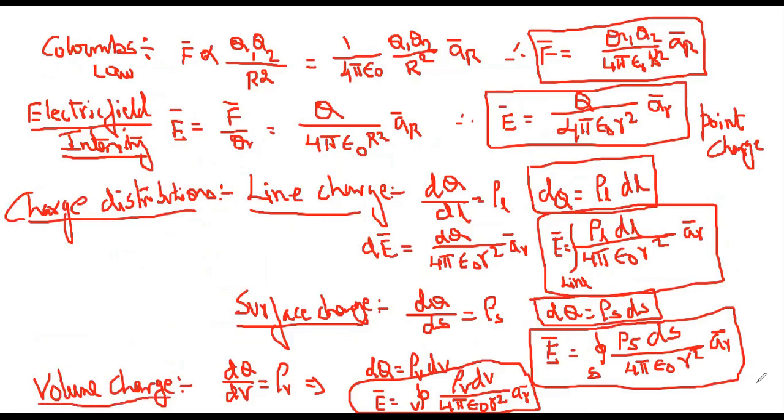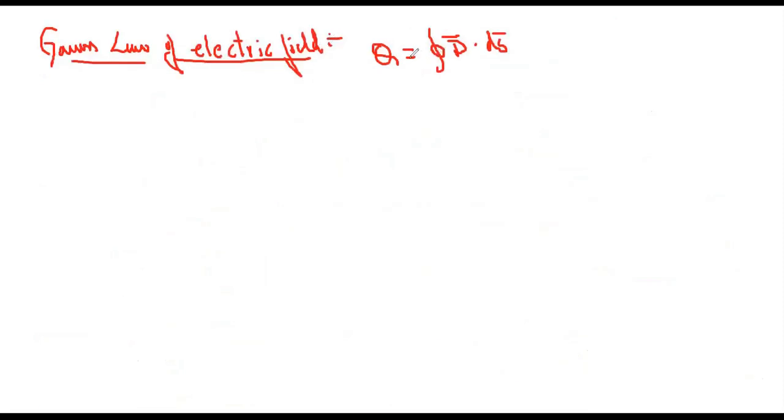By using the Gauss law of electric field, Q is equal to integral D bar dot ds bar. It is also equal to the electric flux psi. Psi is equal to Q. From this relation, by using the Gauss law, we can find one of the Maxwell's equations.